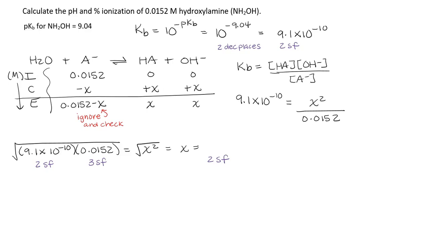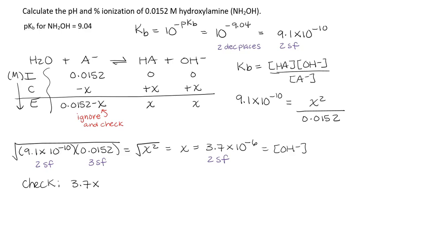We have 9.1 times 10 to the negative 10 times 0.0152, and taking the square root of that to 2 sig figs gives us 3.7 times 10 to the negative 6. And this is hydroxide. So we'll check our assumption.